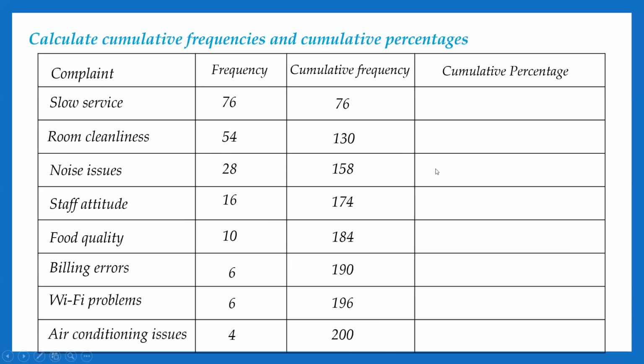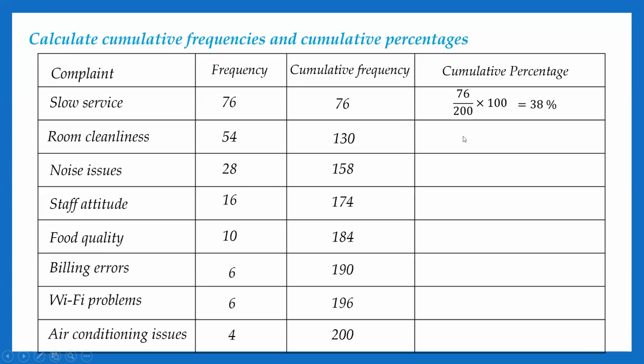Then we calculate the cumulative percentages by dividing the cumulative frequency by the total frequency, which is 200, and then multiplying by 100. 76 divided by 200 times 100 is 76 divided by 2, which is 38.